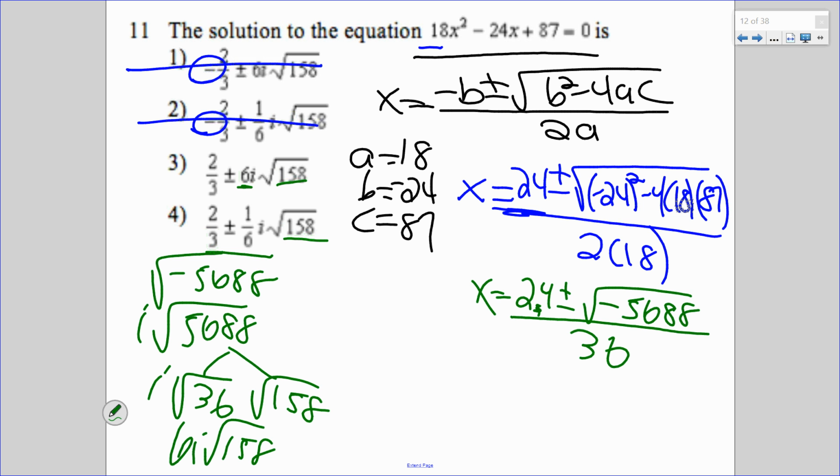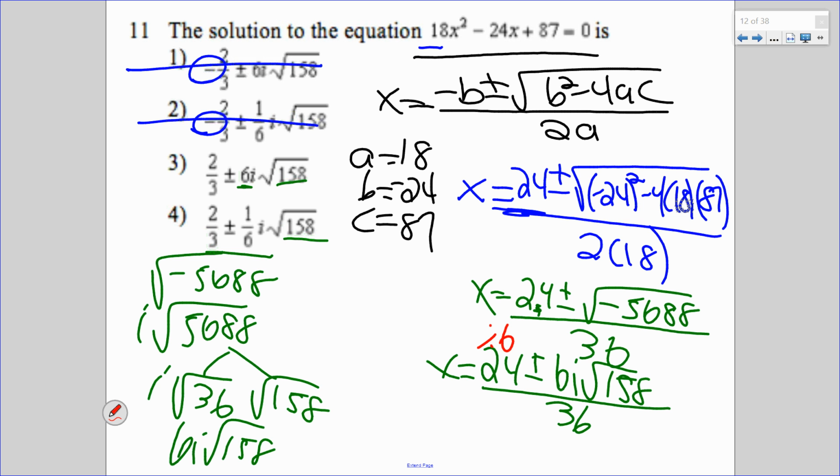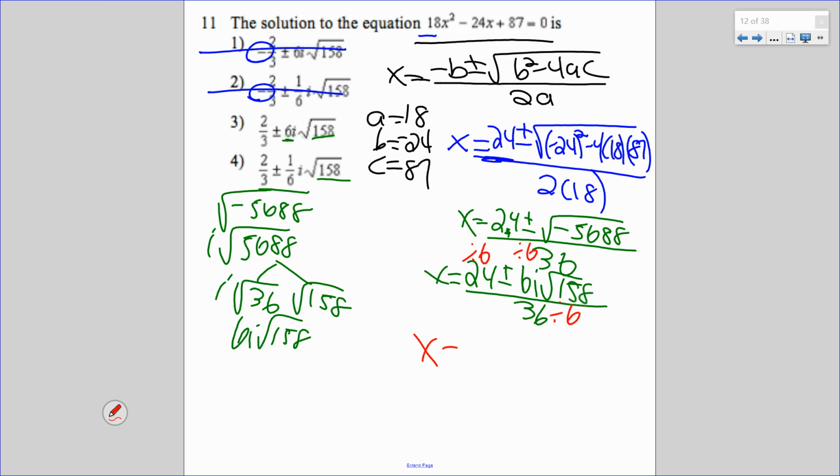So now I'm going to rewrite this. My next step, if possible, I want to reduce. Can I take something out of everything? Yes. I can take a 6 out of everything. And I end up with x equals 4 plus or minus i radical 158 over 6.